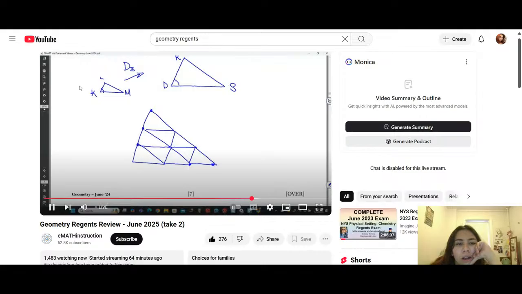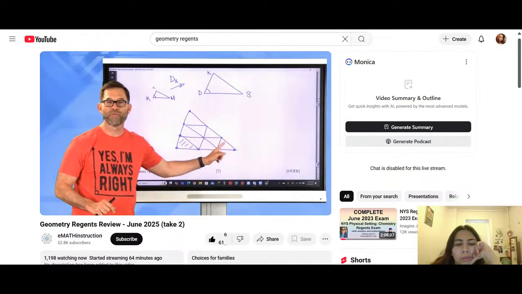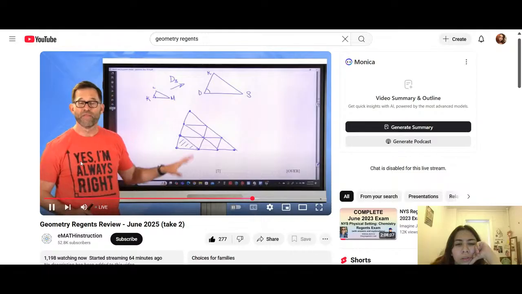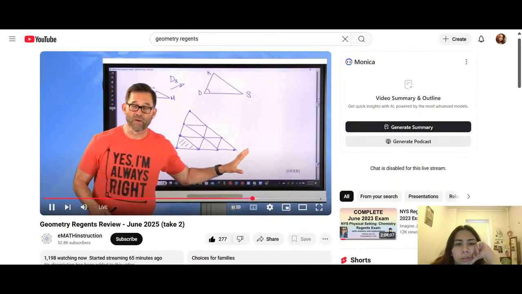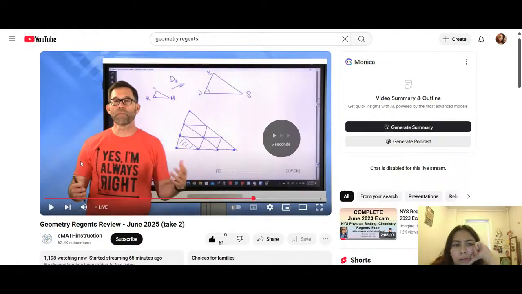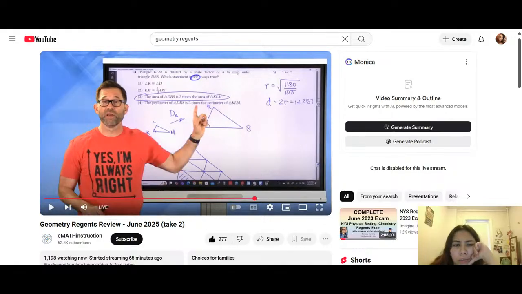Here's my original triangle. And there are 9 of them now: 1, 2, 3, 4, 5, 6, 7, 8, 9 of them that fit inside the larger triangle. Okay, that makes sense.